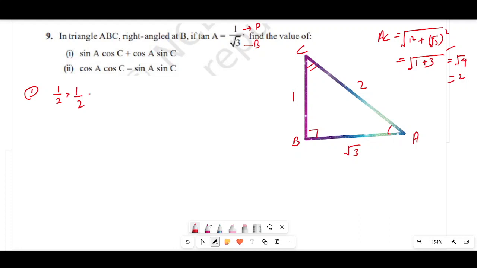Clear? Now plus cos A: base will be root 3 and hypotenuse will be 2. Sin C, perpendicular upon hypotenuse, so root 3 by 2.